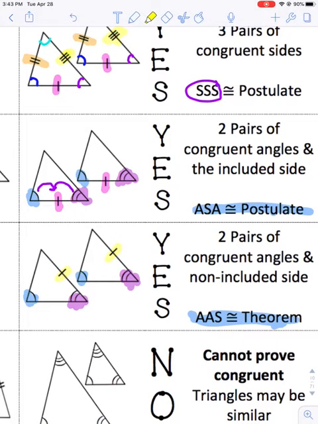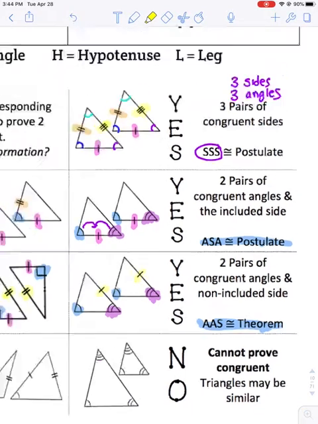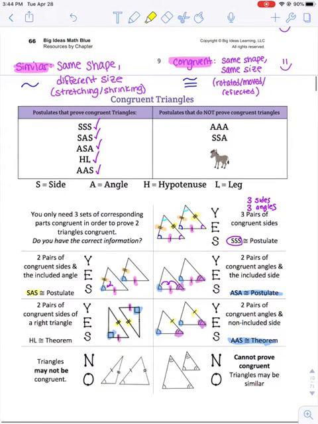So it's not like the one above it where the pink side was between the 2 angles. The yellow side is outside of the 2 angles. It does work. If 2 triangles have that relationship, that means all 6 features of the triangle are the same.